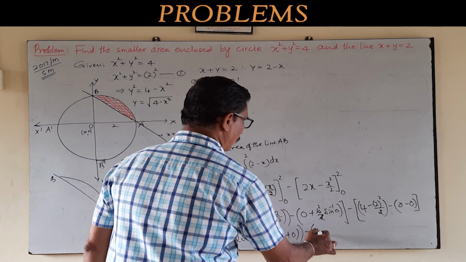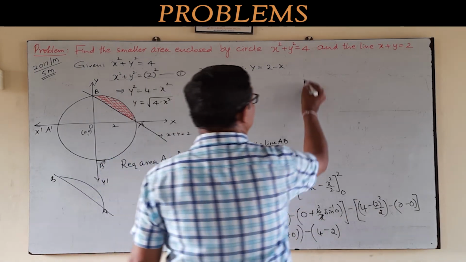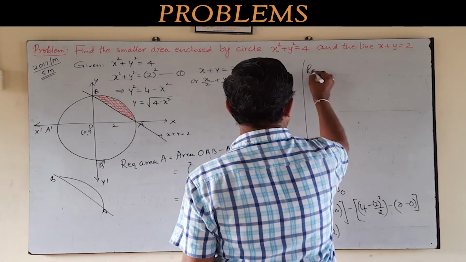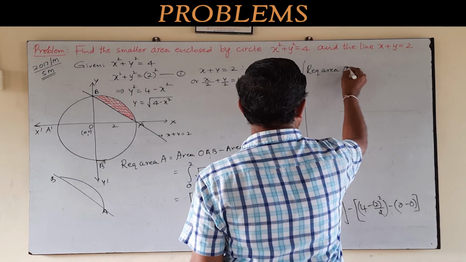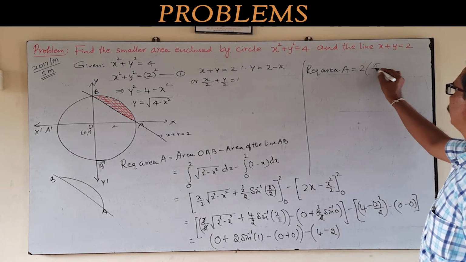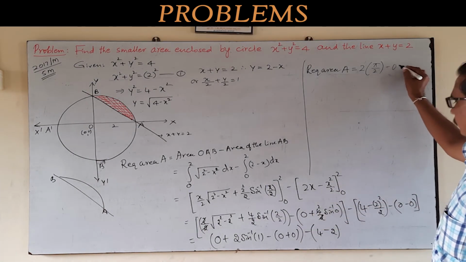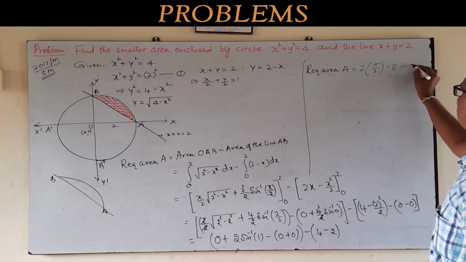Minus 4 minus 2 square by 2, that is 4 minus 2. Then further simplify, the required area A is equal to 2 sine inverse of 1. Sine of which angle is 1? Pi by 2, 90 degrees. Minus 0, minus 4 minus 2 is 2.